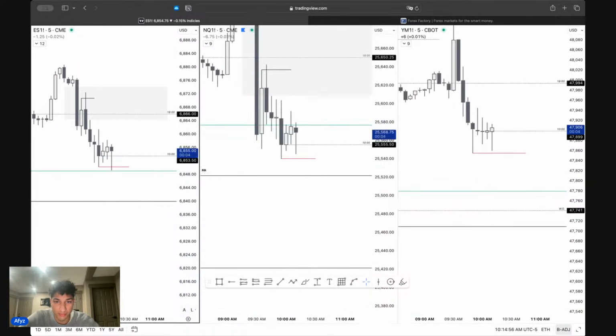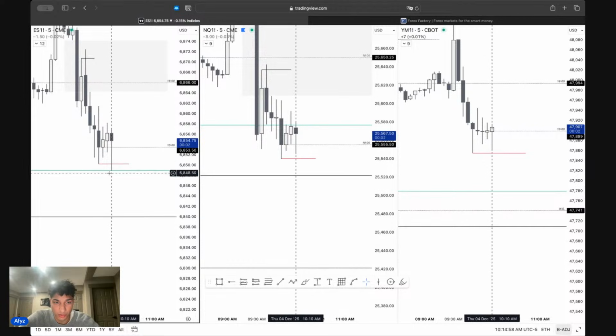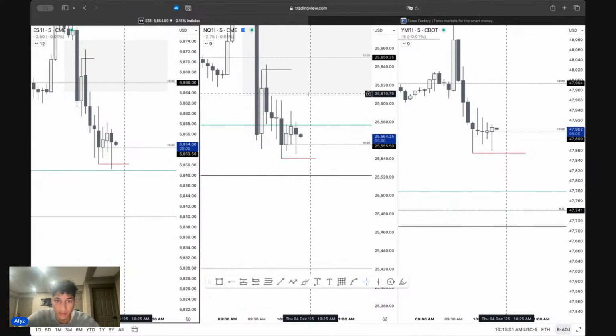I think at this point in time, I'm not going to short this candle, obviously. This close doesn't support that. It supports more of a retracement back into these highs.